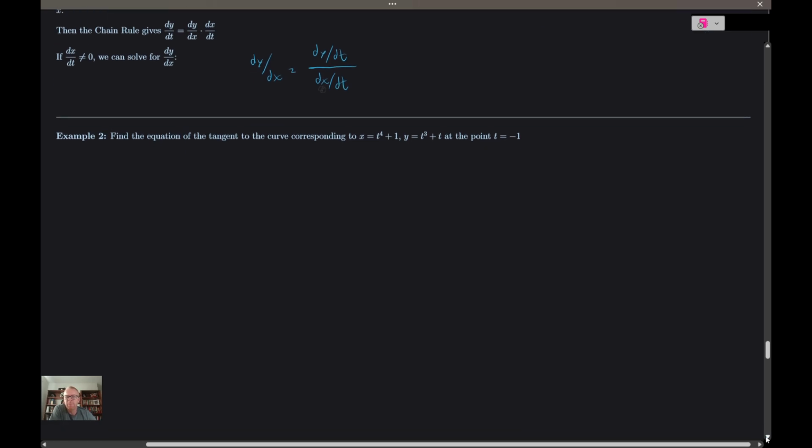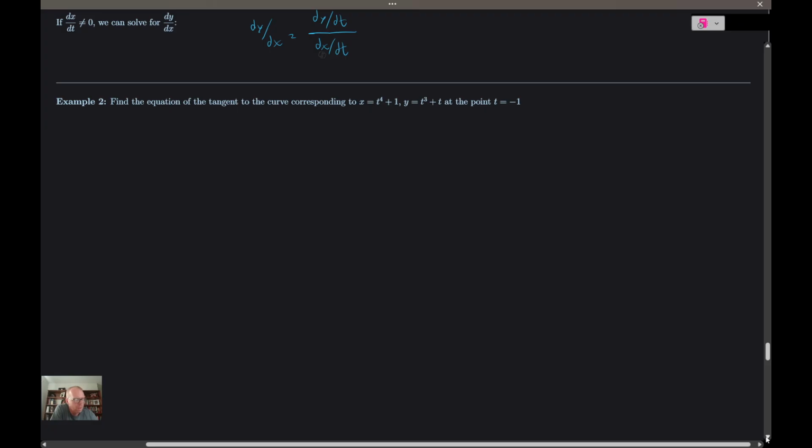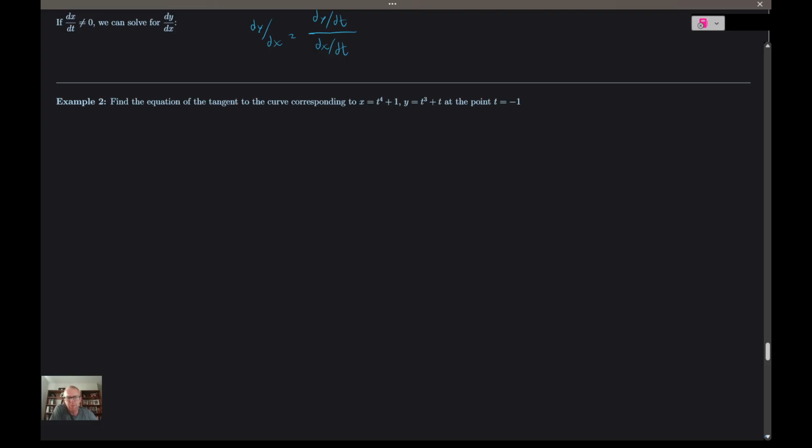So let's find the equation of this tangent line. Now this is something we did a lot in Calculus 1. So the steps are the same. It's just a matter of getting this derivative in a different way than maybe you have before. So what do we need to get the tangent line? We need the derivative, and we need a point. So we want it at the point where t equals -1.